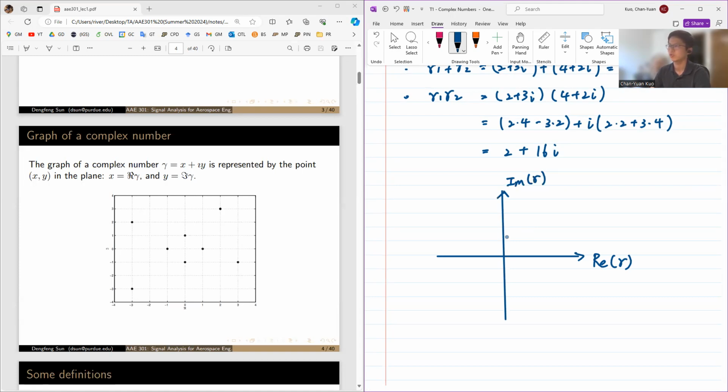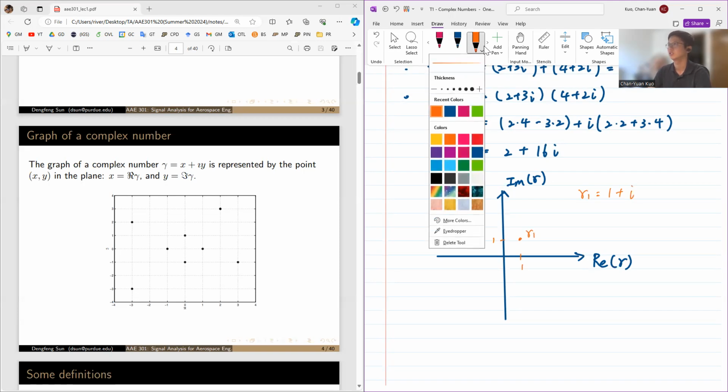So for example, if we have a complex number that is equal to, say, 1 plus i, then we have 1, 1, and this point here will be gamma 1.